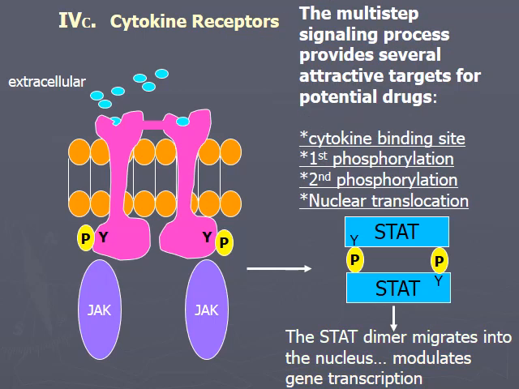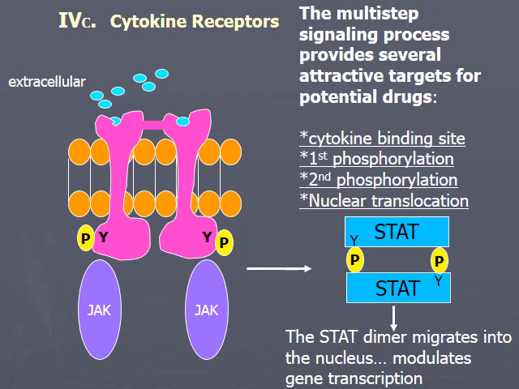And so this multi-step process is an interesting target for drug discovery, particularly in conditions where the immune system has been too active for too long. So for example, in a rheumatoid arthritis patient, or a patient that's got an autoimmune disease like multiple sclerosis or something, the idea might be to try to block this signaling pathway, this JAK-STAT pathway, to reduce inflammation.